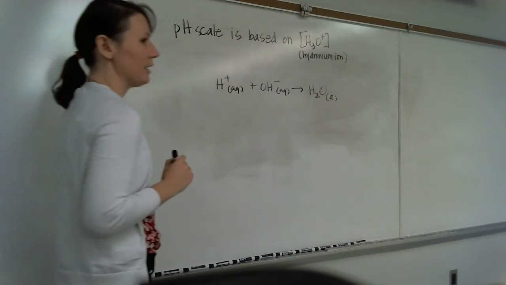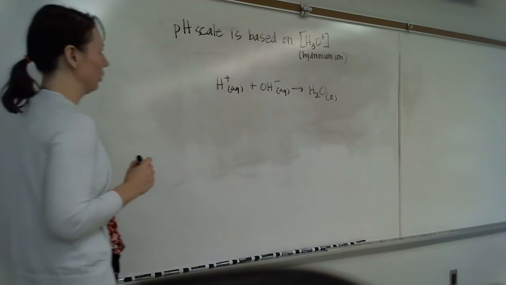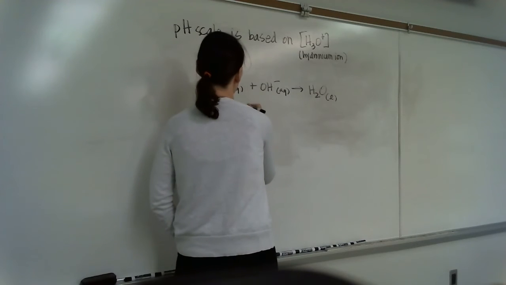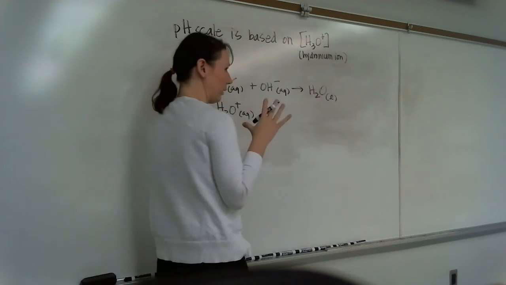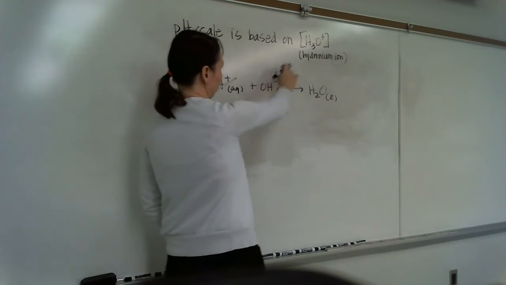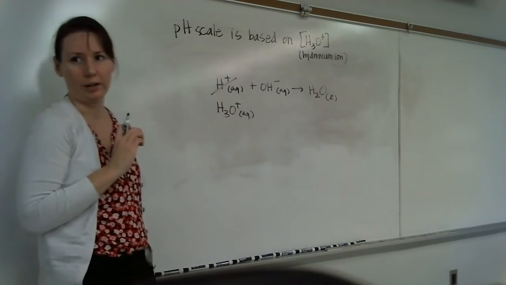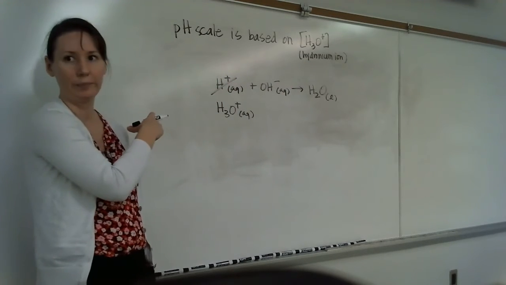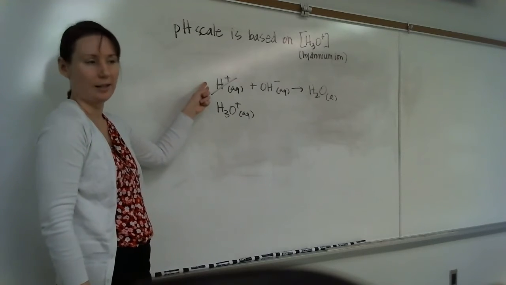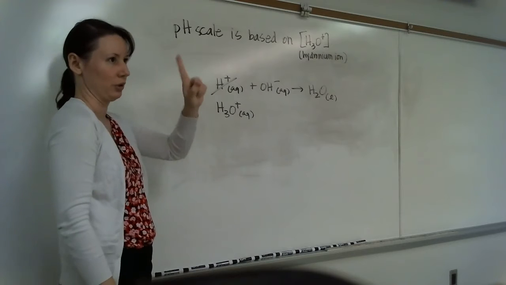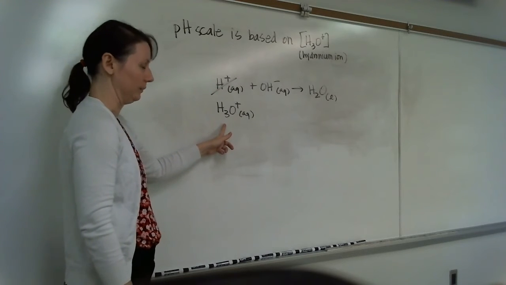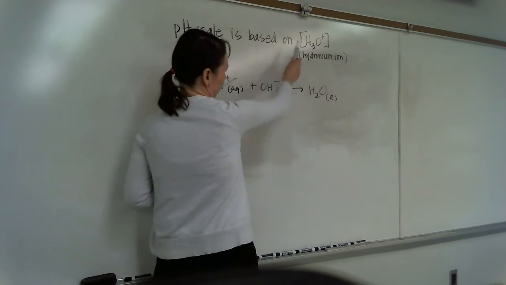Well, this H plus ion doesn't really exist in the real world. It's actually H3O plus. Since we're in intro chem, we're not going to get obsessive about that detail, but we're still going to use the correct notation in our pH calculation. H plus is just a proton, and you don't have a proton just floating around. It actually combines with another water molecule and forms hydronium ion. So that's where this comes from.